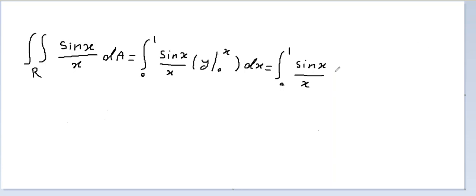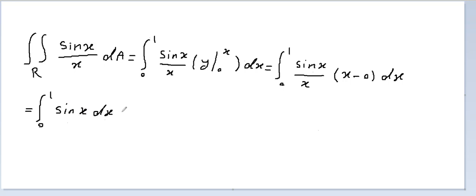So we have x minus 0, dx, right? And look at here, this equals x. And this x is simplified by this x, right? So what is left is integral from 0 to 1 sine x dx.